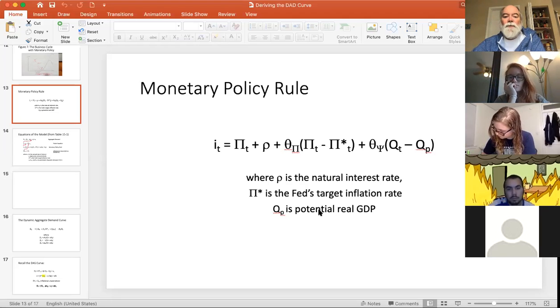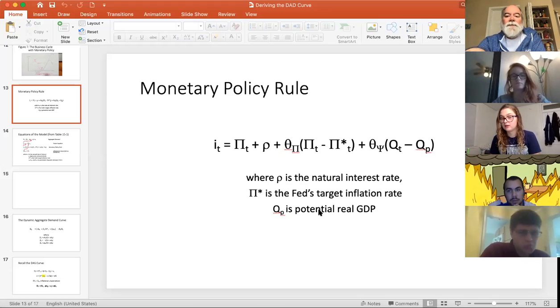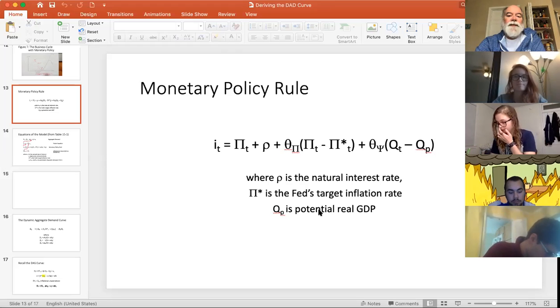Does anybody have questions about that? Can you repeat that? Sure. If the output gap is 0, the last term drops off. If the inflation rate is equal to the target, the middle term drops off.